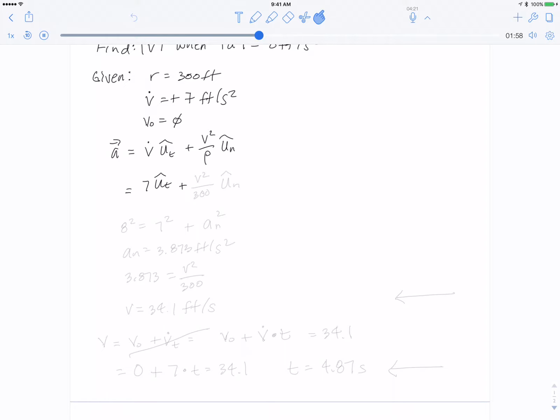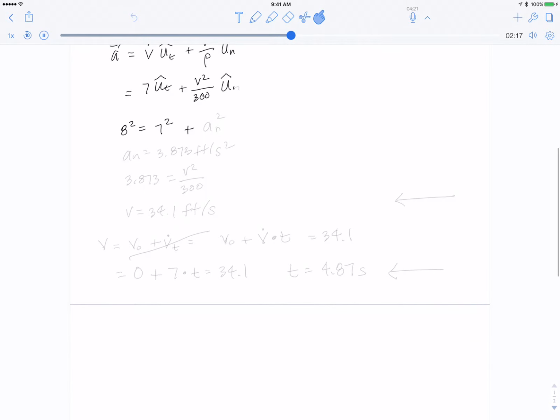We don't know the velocity when this happens, but we do know that the radius is always going to be 300 feet. Okay, so all we've got to do is use Pythagorean's theorem and set that equal to 8. So we know that 8 squared will equal 7 squared plus, I'm just going to say, a normal squared.